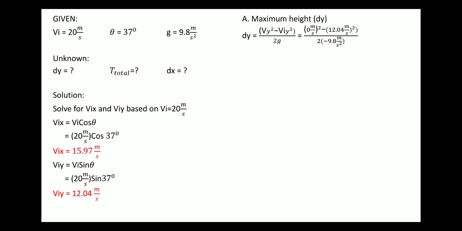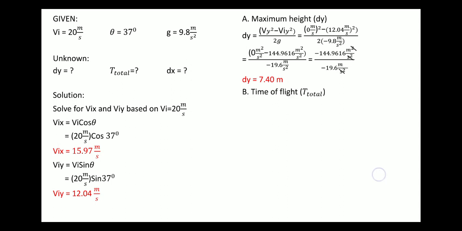So the square of 12.04 is 144.9616, over negative 19.6 meters per second squared. Okay, so next, negative 144.9616 divided by negative 19.6. Cancel the unit. The remaining unit is meter. So the dy is 7.40 meters.